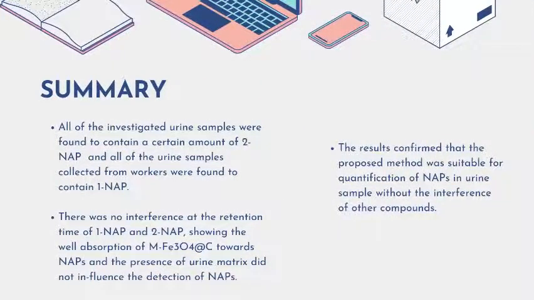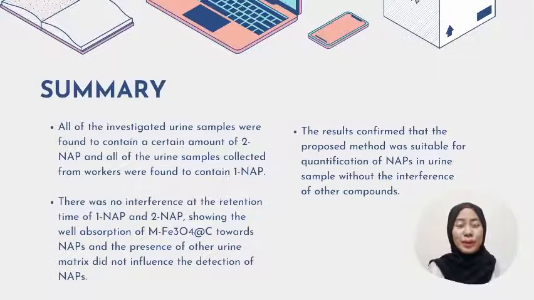Here is the summary of the results obtained from the article. First, all of the investigated urine samples were found to contain a certain amount of 2-naphthol, and all the urine samples collected from the workers were found to contain 1-naphthol.